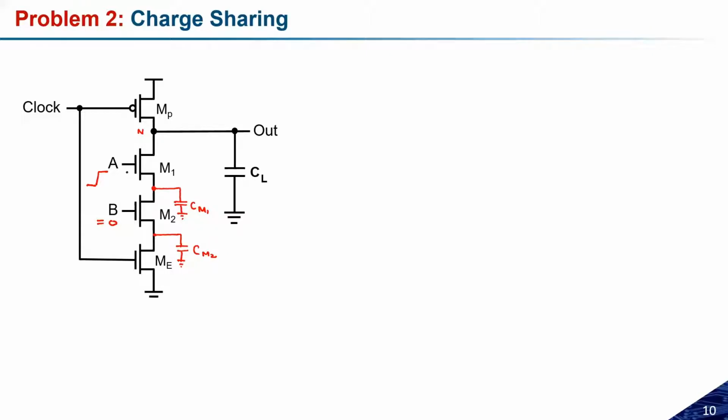Because transistor M1 is in the on state, the load capacitance will get some path, and the charge will be redistributed over CL and CM1. So whatever charge is stored at CL will now be redistributed over the load capacitance CL and the internal capacitance CM1. This is really very important.